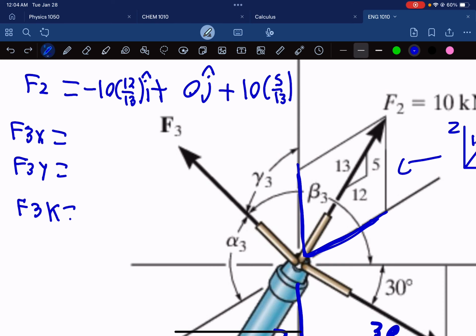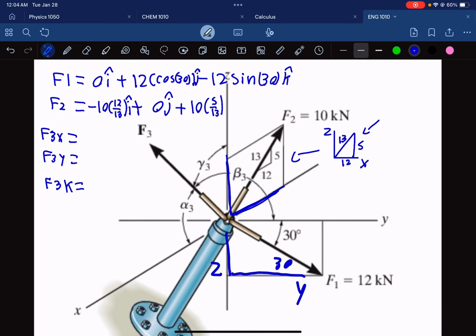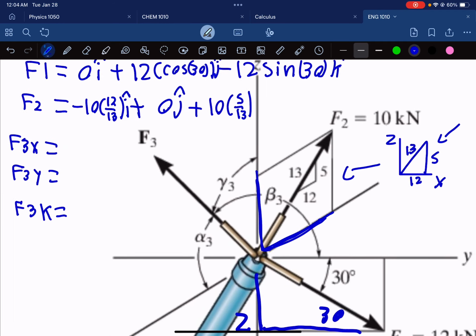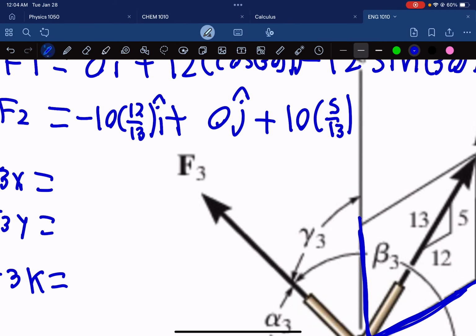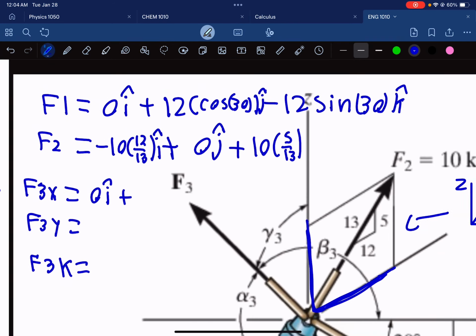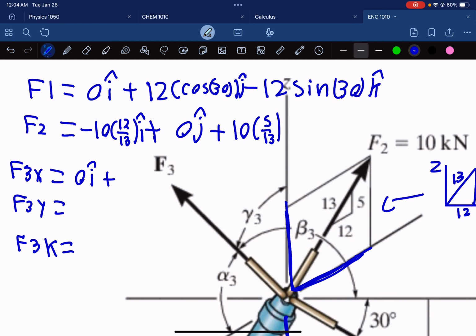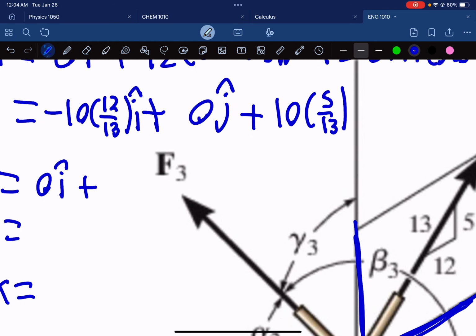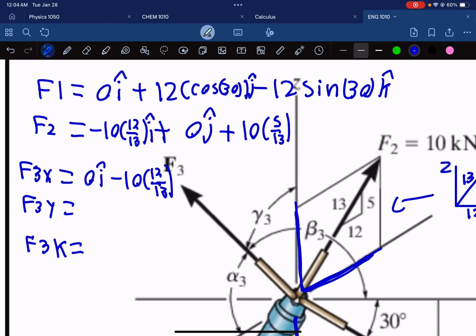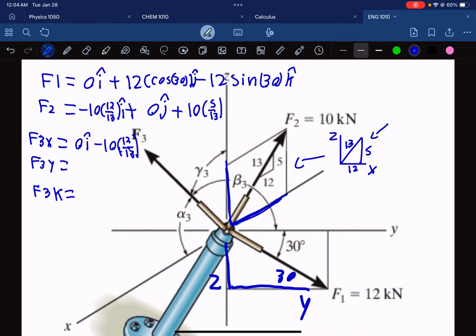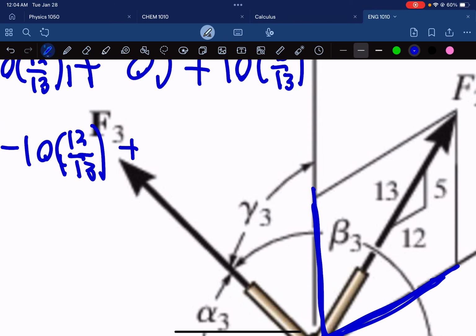So now what we want to do here is we have 0 in f1, so it'll just be 0i plus, this is for f1, and then obviously we have minus 10 and 12 over 13 there, in the i for f2, and obviously we're going to add our f3x i, and we're going to set it equal to 0.